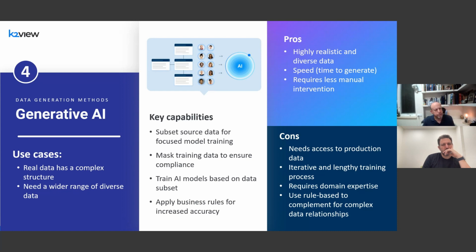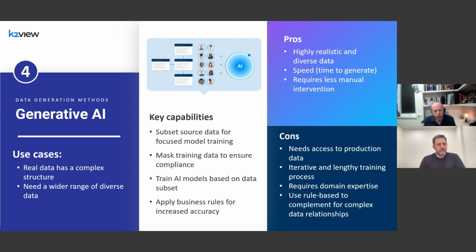The use cases that fit best here would be when real data has a complex structure and when you really need a wider range of diverse data which you don't have within your production data. And the key capabilities will be basically to first subset the data. So you are really taking the right data, the focused and tailored data that will help your machine learning models to be trained more effectively.